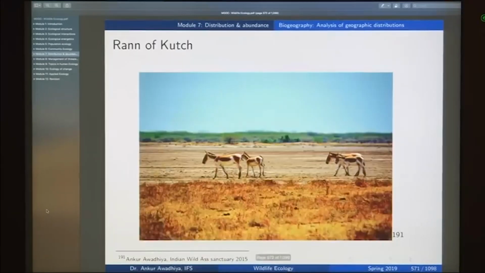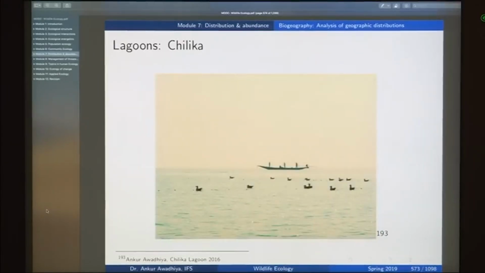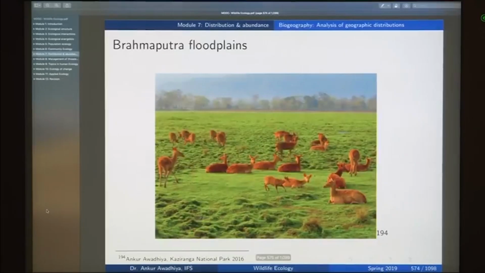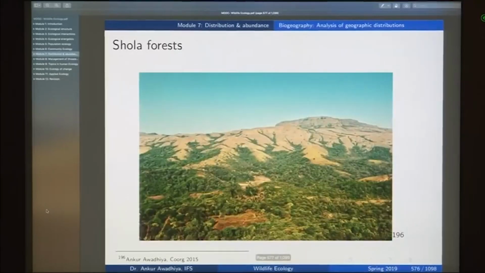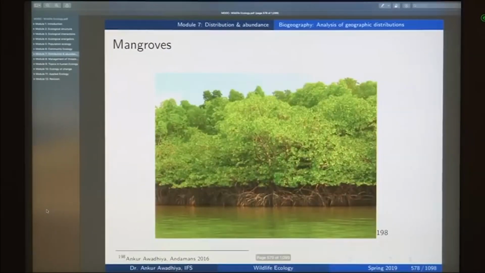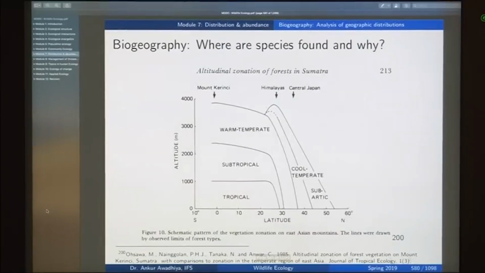Then we have estuaries, then Rann of Kutch gives a very different kind of habitat, then we have lagoons, we have floodplains, then we have shola forest, equatorial forest, mangroves, oceans and seas, and all of these are very different habitats from one another, and because of which we have very different kinds of species that are found in all of these different areas.